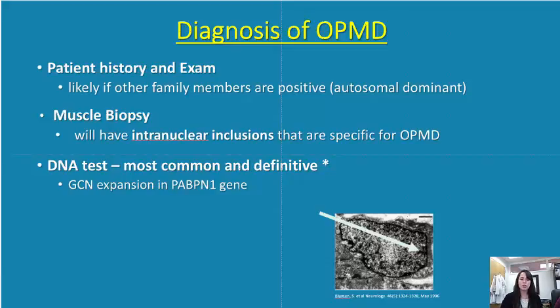A muscle biopsy of the swallowing, eyelid, and proximal limb muscles will show intranuclear inclusions that are specific for OPMD. If a patient has these intranuclear inclusions that are shown in this photo, this is an automatic diagnosis for OPMD. However, a DNA test is the most common and definitive of these tests. A DNA test will show a GCN expansion in the PABPN1 gene.